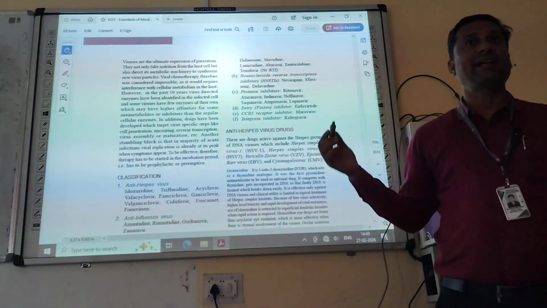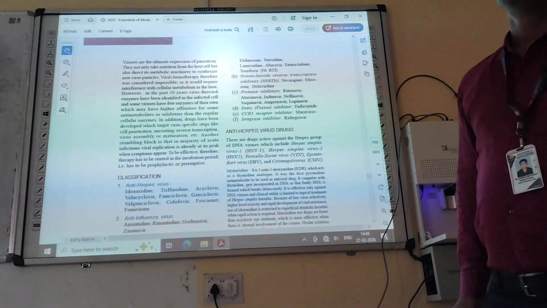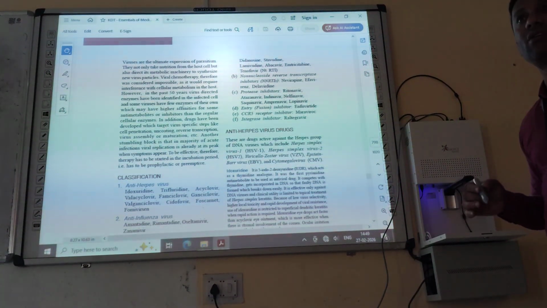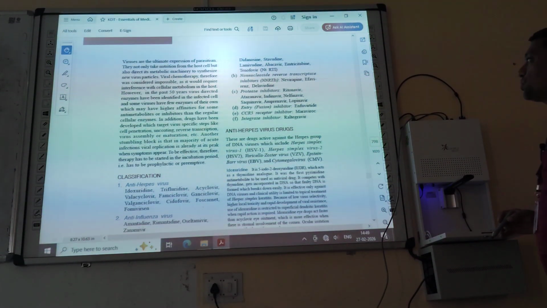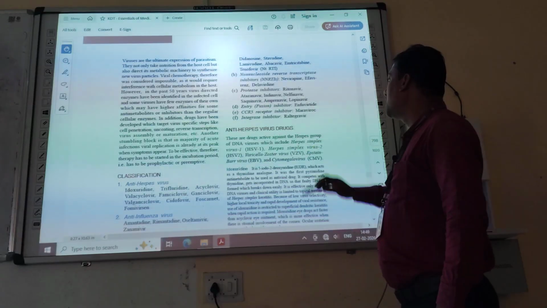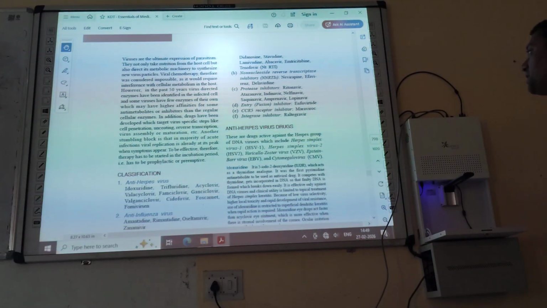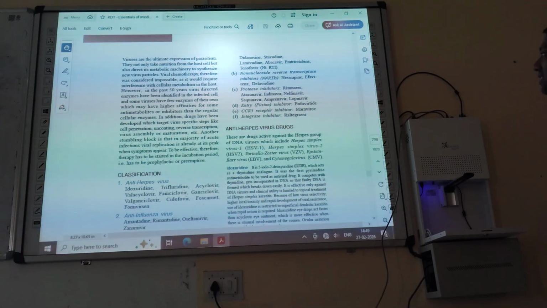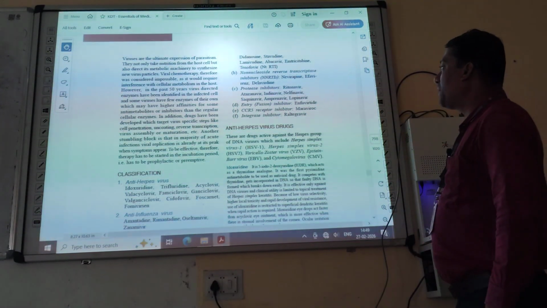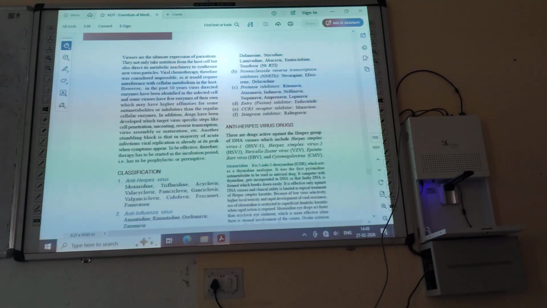Then fusion inhibitor, that is entry inhibitor. The virus cannot enter into the human cell. That is known as fusion or entry inhibitor. The example is enfuvirtide. Then CCR5 inhibitor, receptor inhibitor.